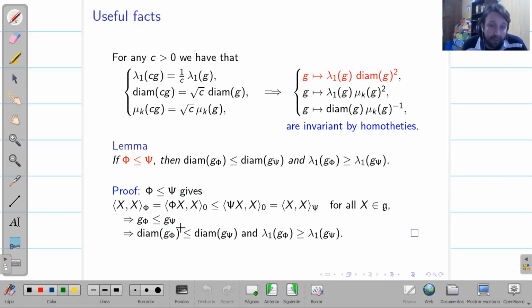And by a monotonicity argument, we obtain that the diameter satisfies this, not immediately, but it can be done. And here we have the reverse inequality.